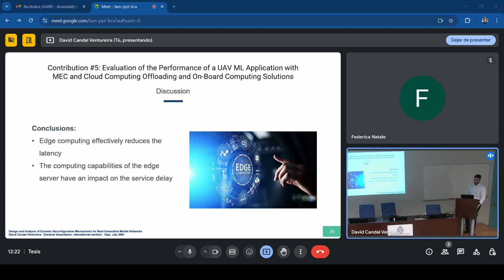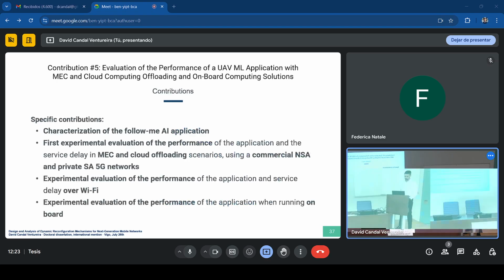With this evaluation, we have concluded that edge computing can effectively reduce delays. We have measured that delays can be reduced by up to 10 to 20 milliseconds in 5G networks. And moreover, we have highlighted the importance of the computing capabilities on the offloading server.